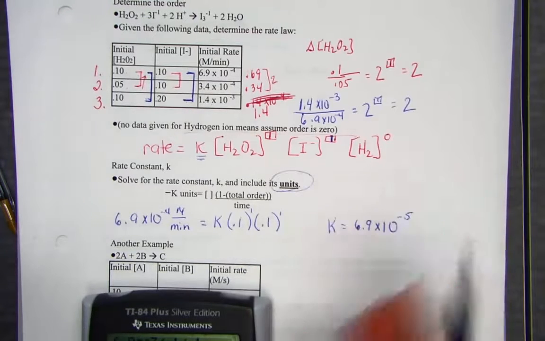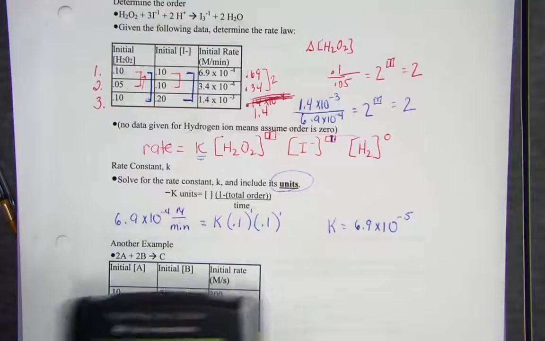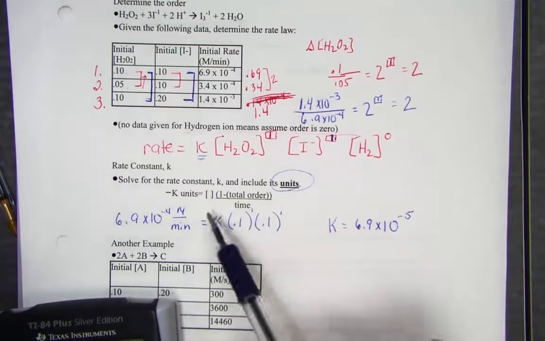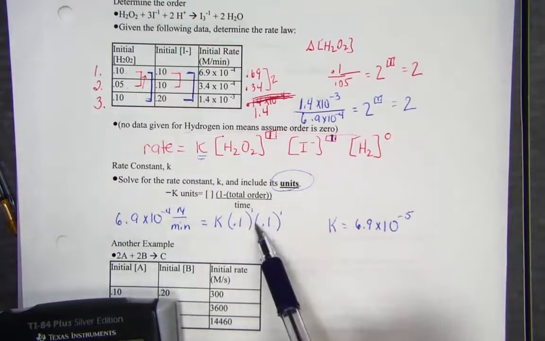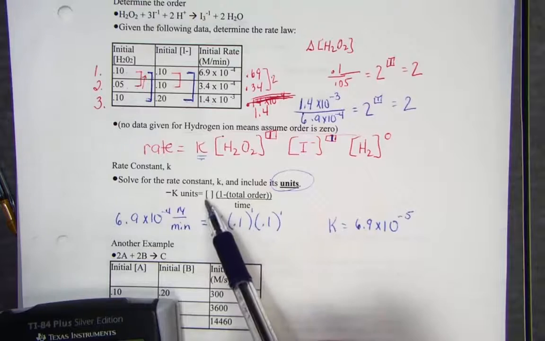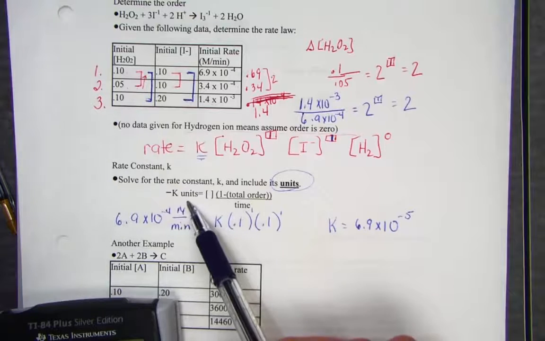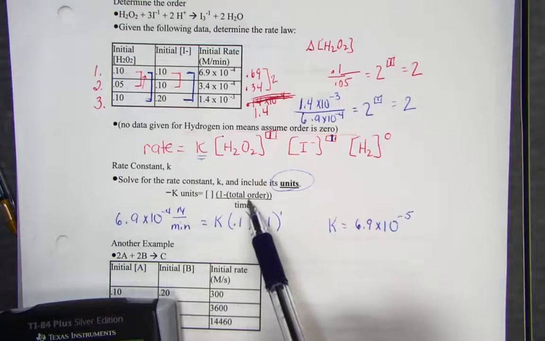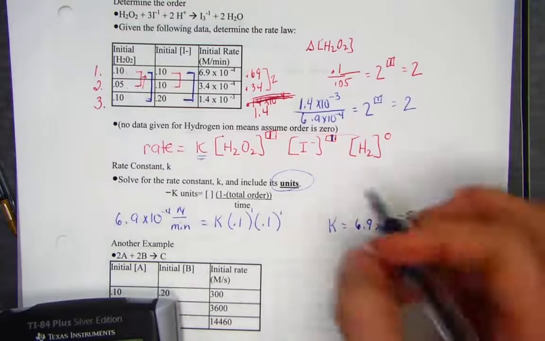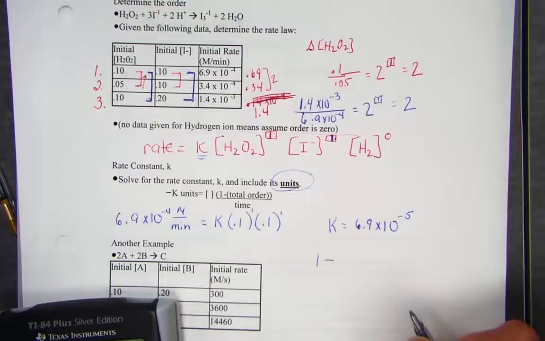Let's think about units. What we have is a little formula to help us calculate this. The K units are found by taking 1 minus the overall order per unit time. 1 minus the overall order.